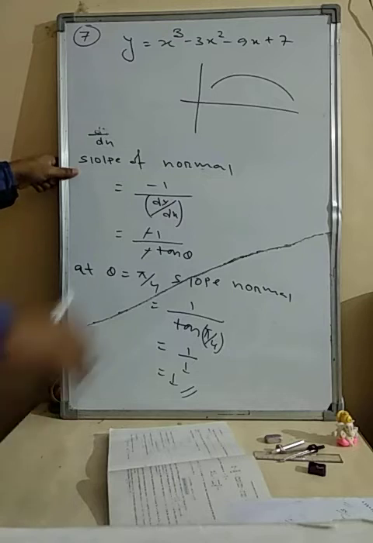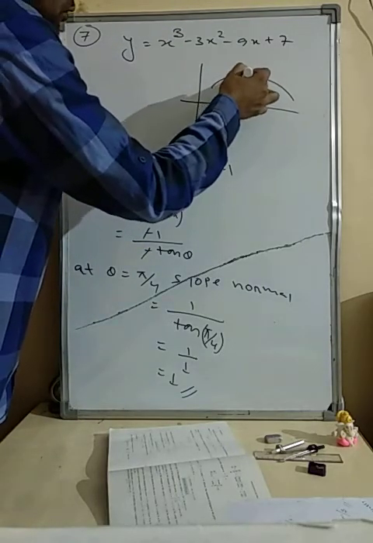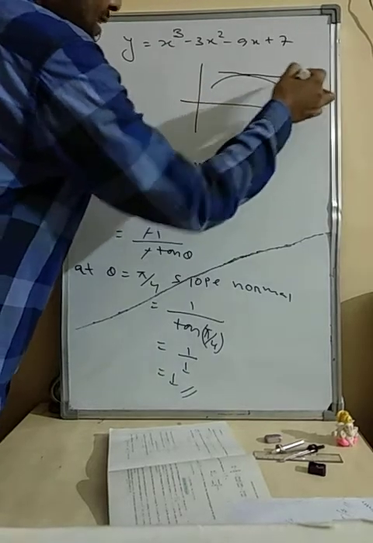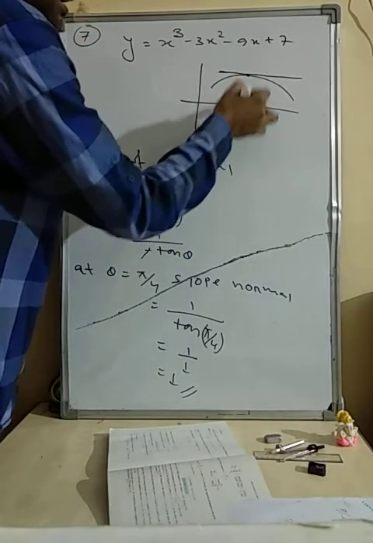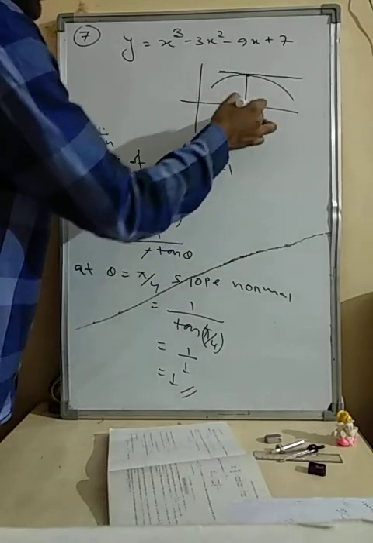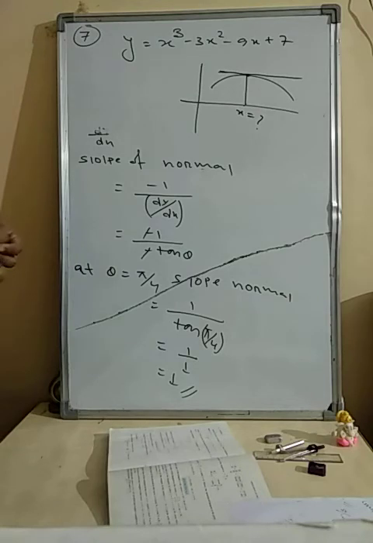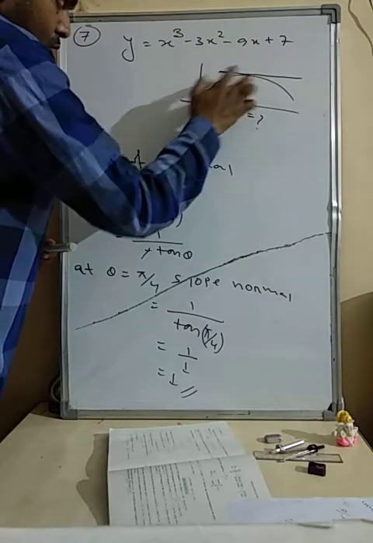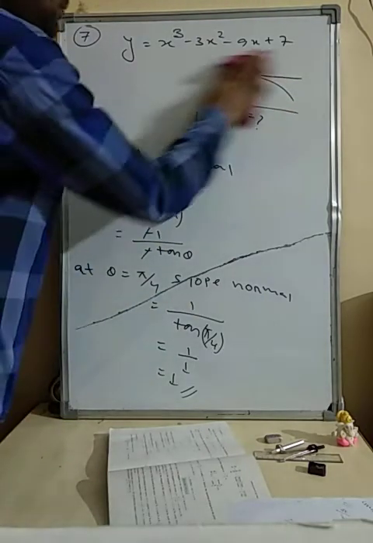Now they are asking at which point I have to draw the tangent so that the tangent is parallel to x-axis. So suppose at this point if I draw the tangent it is parallel to x-axis. So here I have to find this point. What is x here? Where should I draw the tangent to this curve so that it is parallel to x-axis? You have to find the coordinates actually.